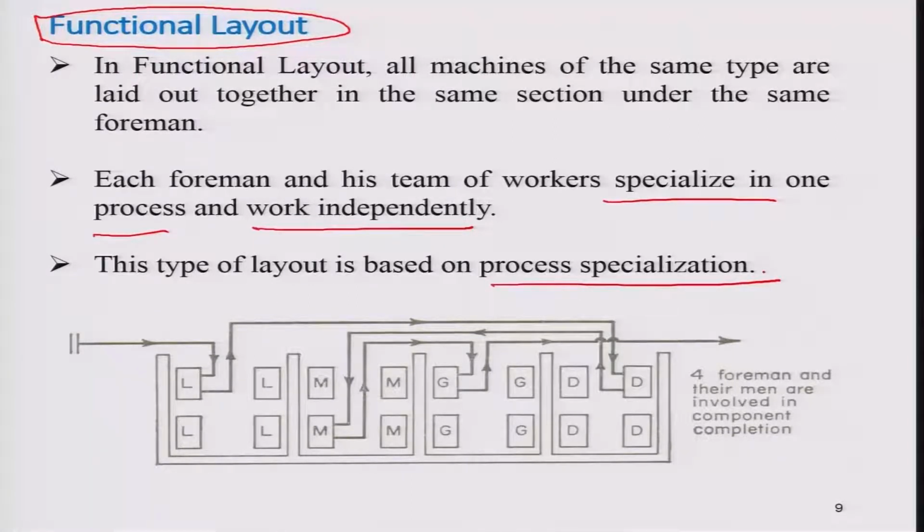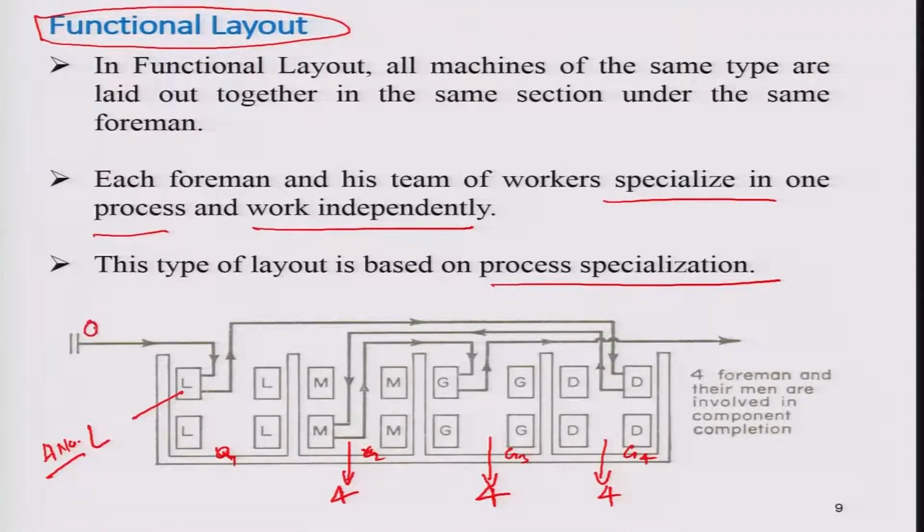Here machines of a similar kind are grouped together. You can see there are 4 machines of a similar kind, L machine, 4 in number. Here also 4 M machines, here 4 G machines, and similarly here. This is workstation 1, group 1 you can say, then group 2, group 3 and group 4.